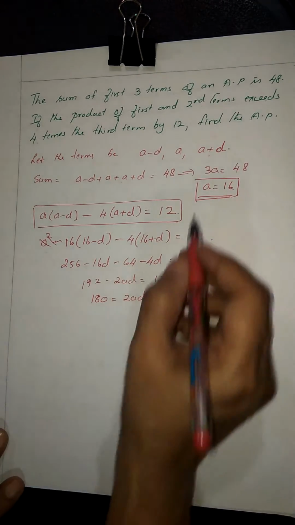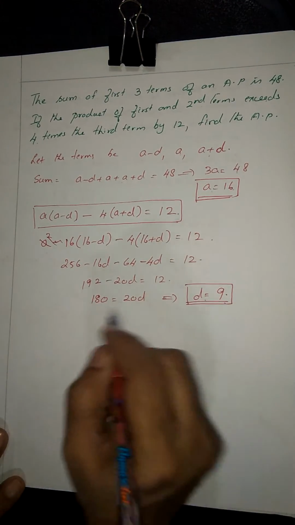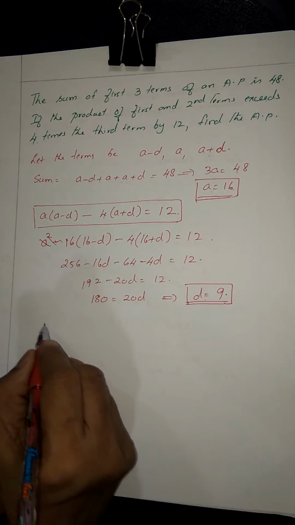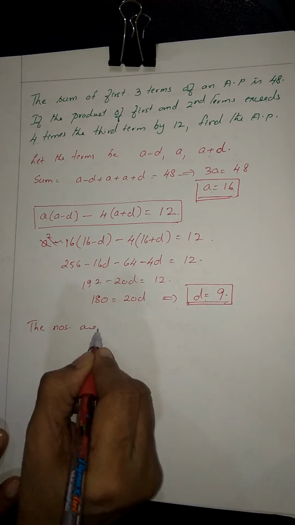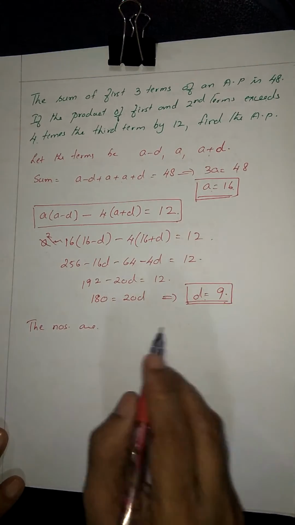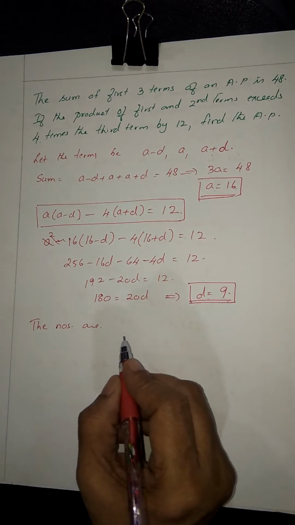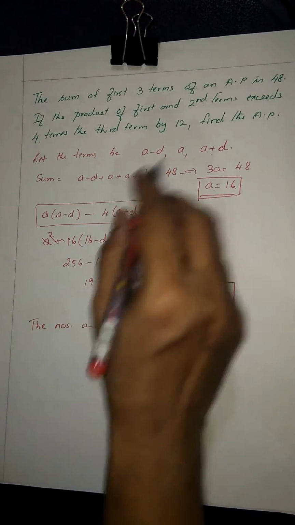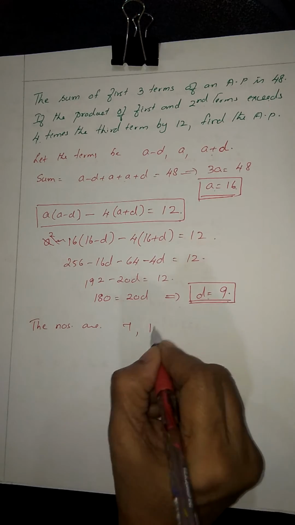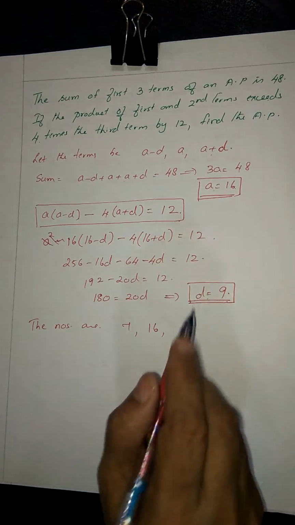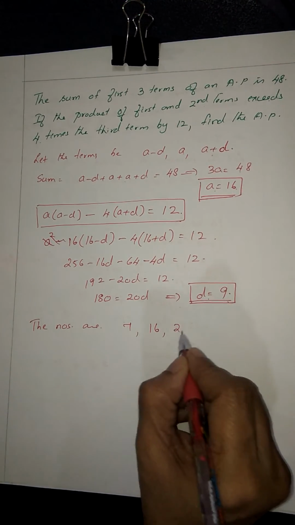Now we got a is equal to 16 and d is equal to 9. So the numbers are a minus d, so 16 minus 9, which is 7, then 16, and then a plus d is 25.